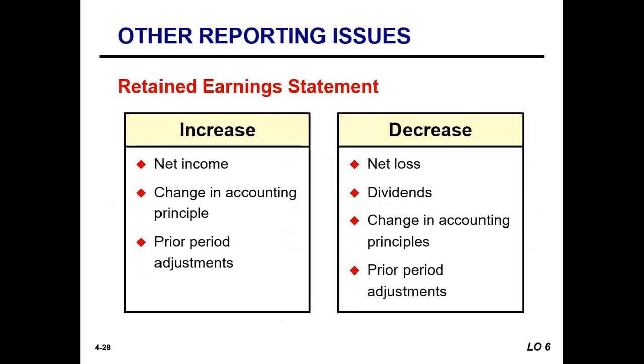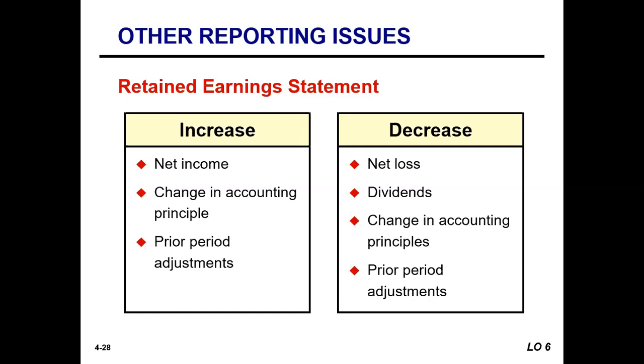All right, so the retained earnings statement. I mentioned this in a previous chapter, but the retained earnings statement is very similar to the statement of owner's equity. So if we think about increases and decreases, retained earnings increases when we earn net income.